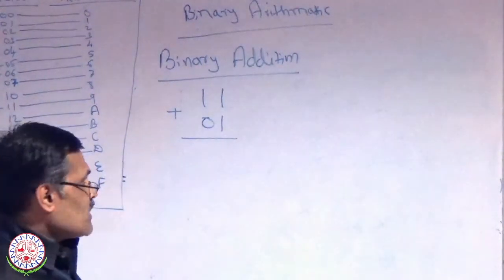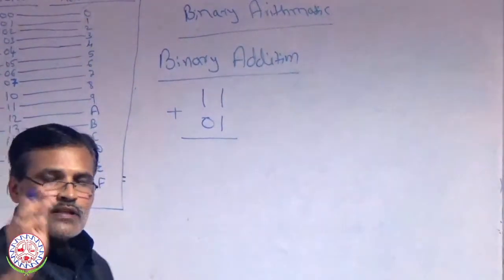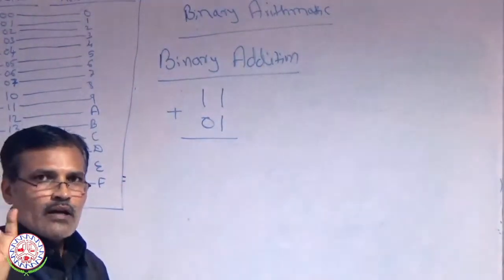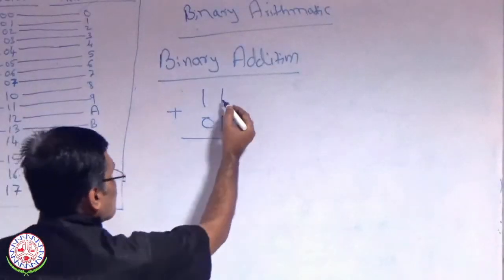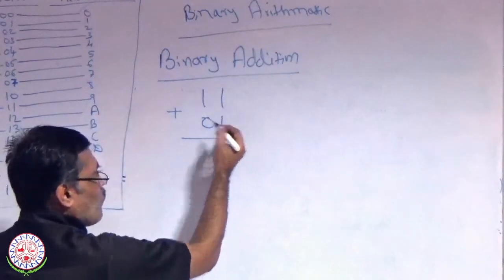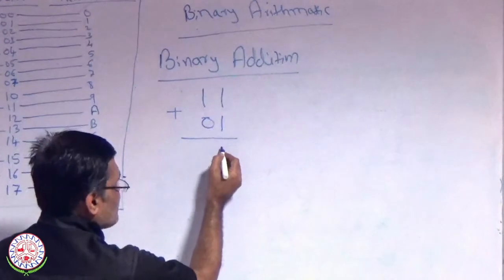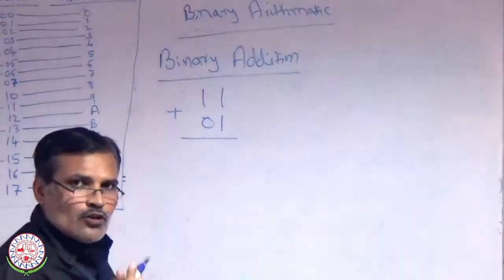These binary numbers are to be added, using the same rules as we carry out with the decimal number system. Here 1 and 1, if you add them, it becomes 2.